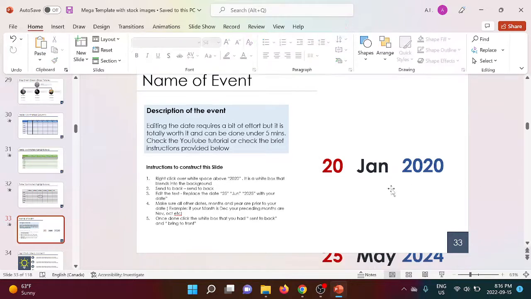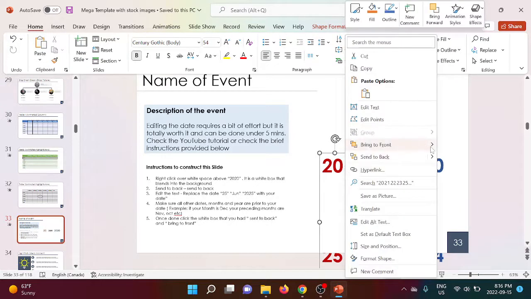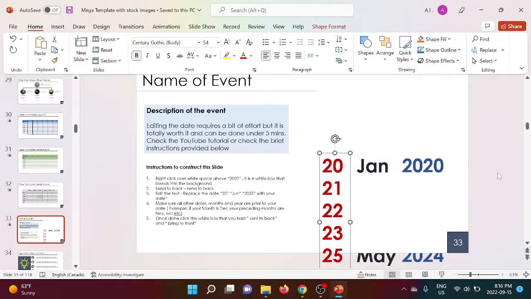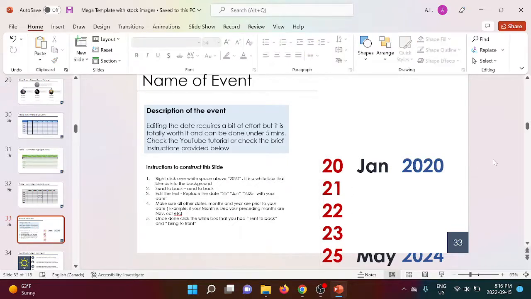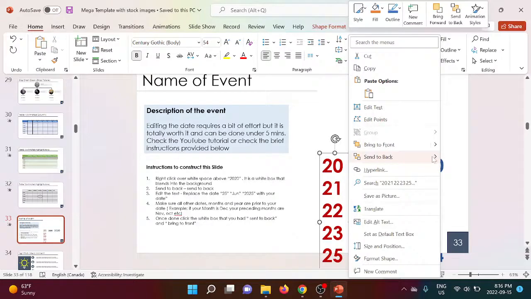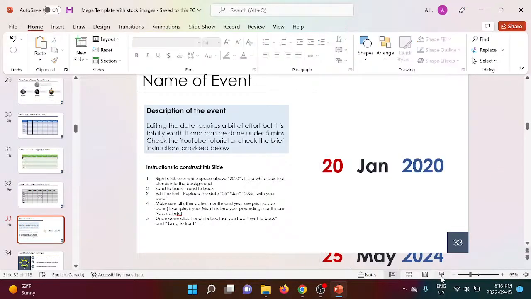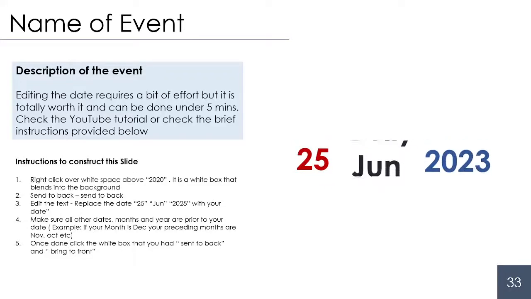So all you have to do here is right click, bring this to front. Okay, so your date is, sorry, I'm just going to show this once again. Let's just send this to back for now. So now your final date is 25th June 2025.